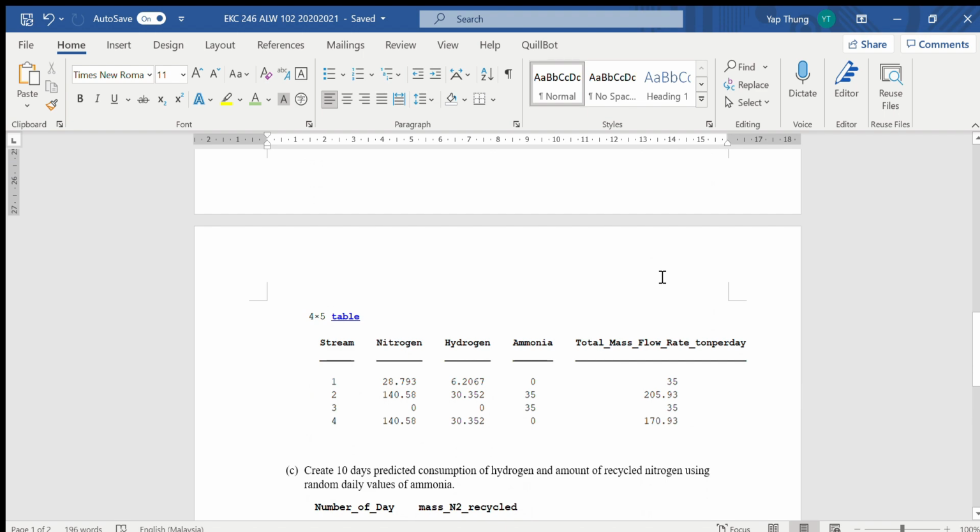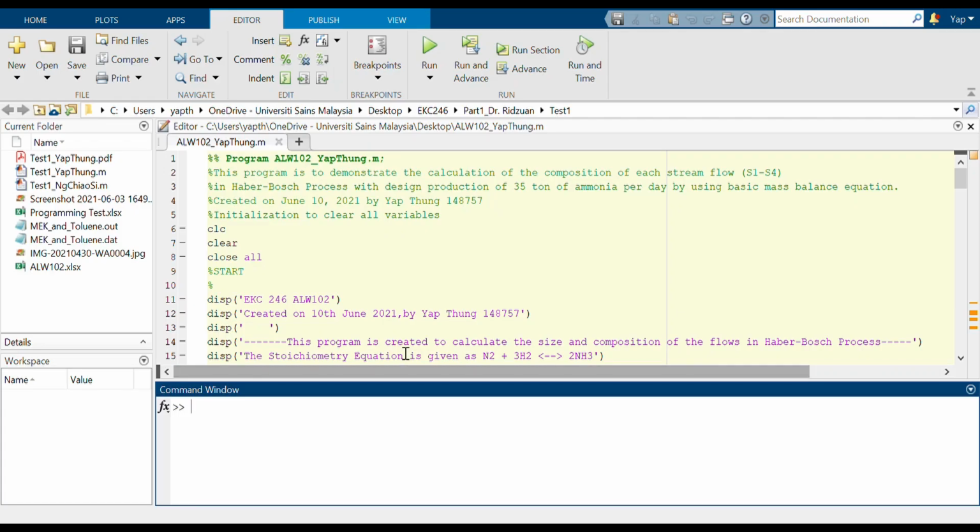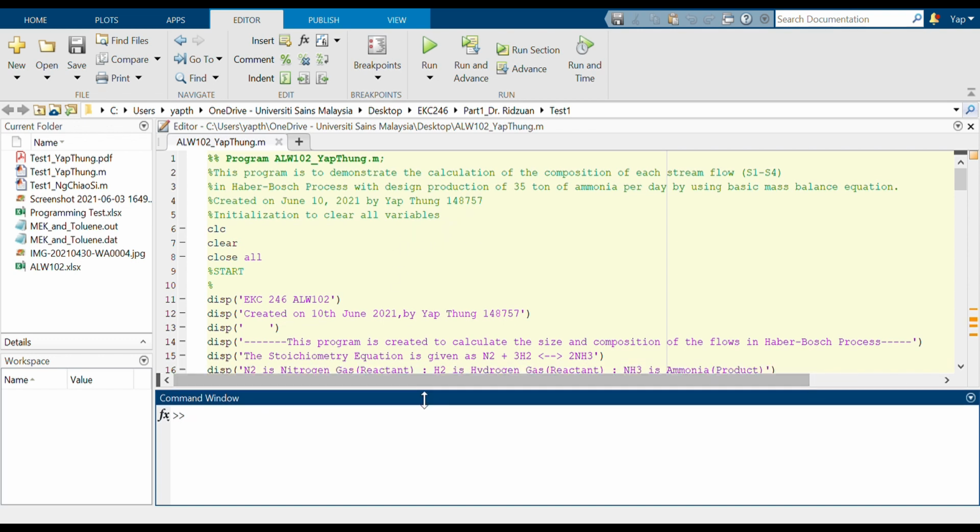So now we are going to look at the MATLAB. Hello, so now this is my MATLAB file, and you can see I have stated all the process description here.